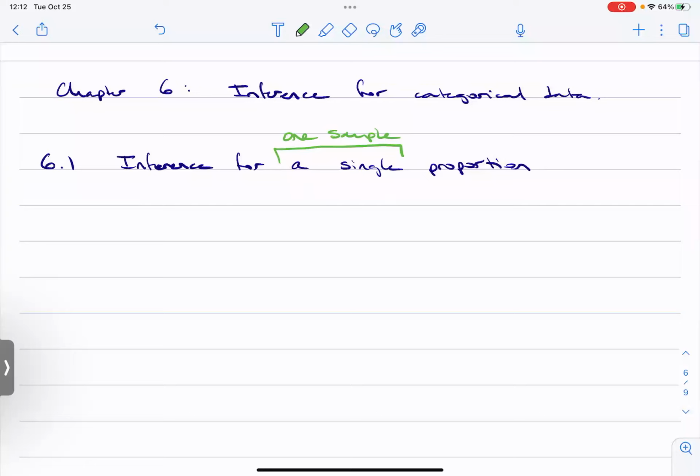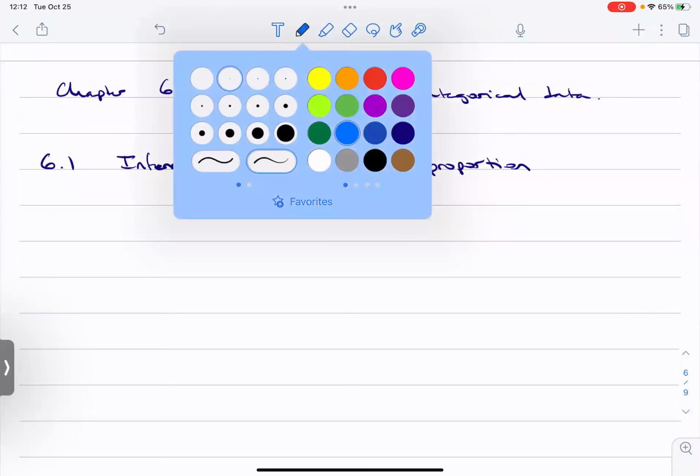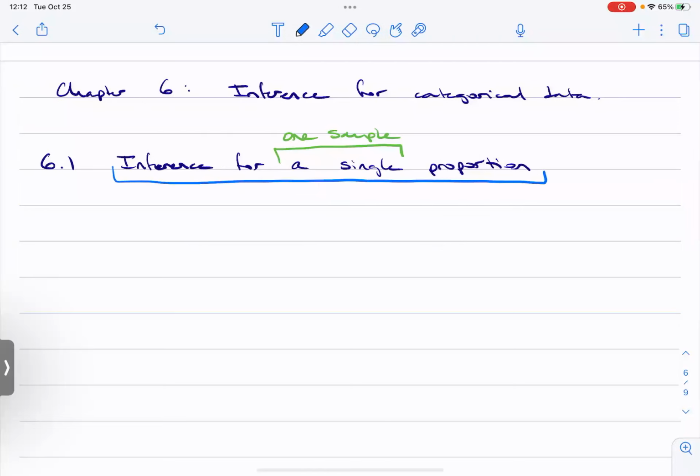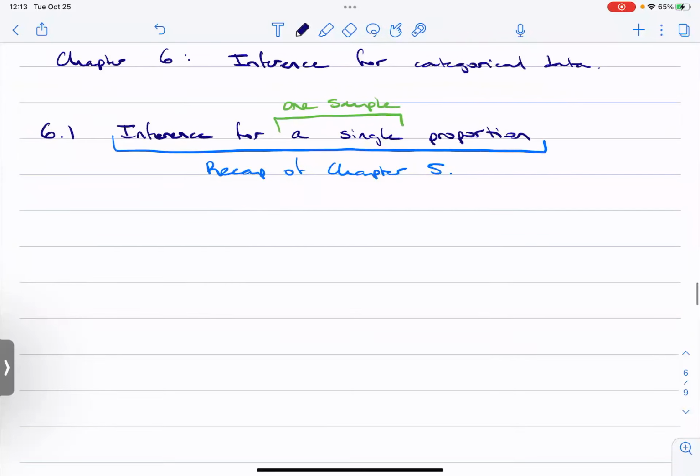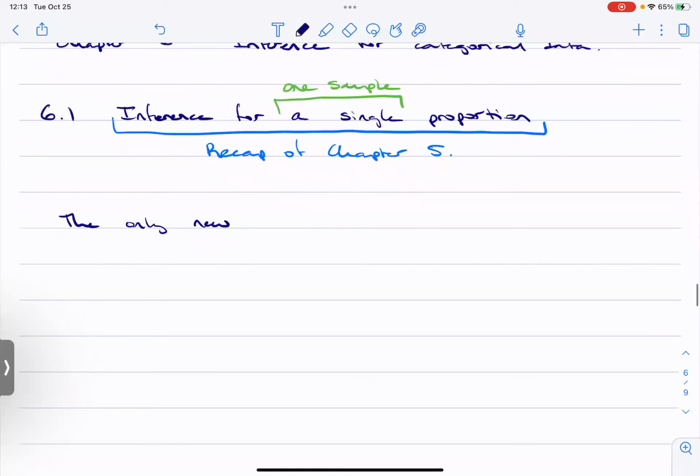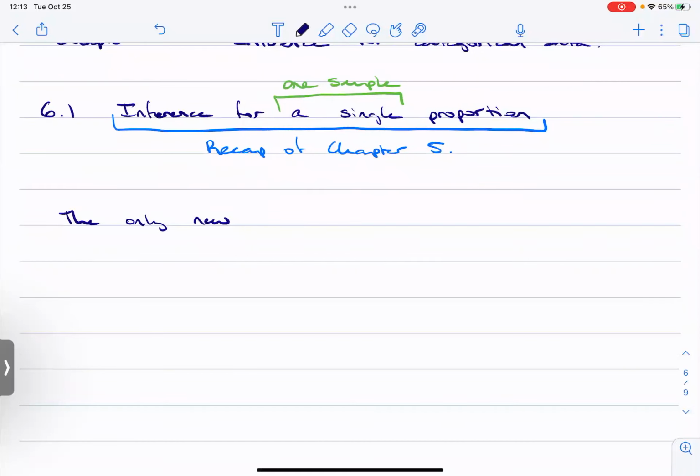I call these questions one sample proportion questions. But this is really just a recap of chapter 5. And like I said, the only new thing in 6.1 is calculating sample sizes. Well, it's all new, I get that, but on my end, the only new thing in 6.1 is calculating sample sizes.